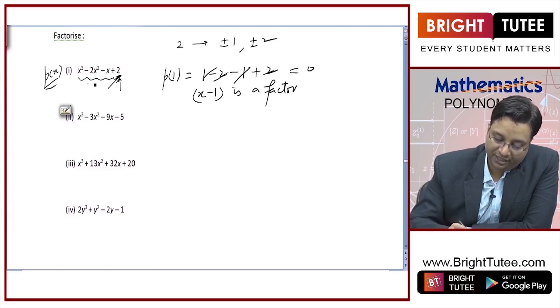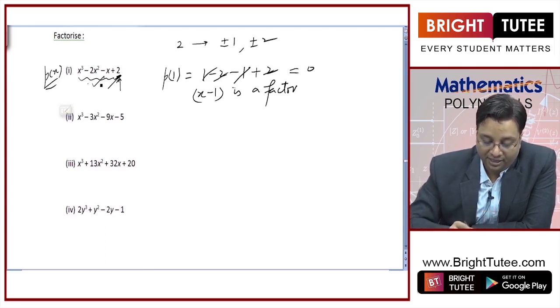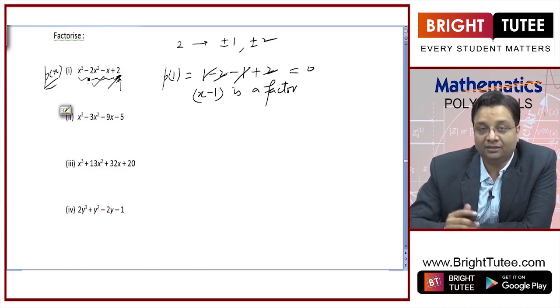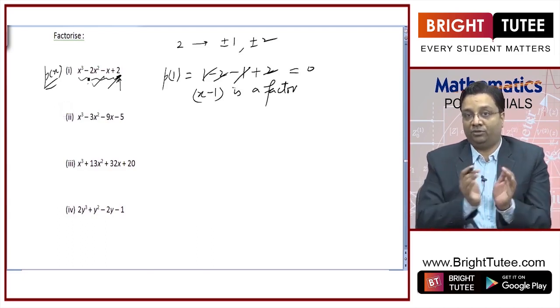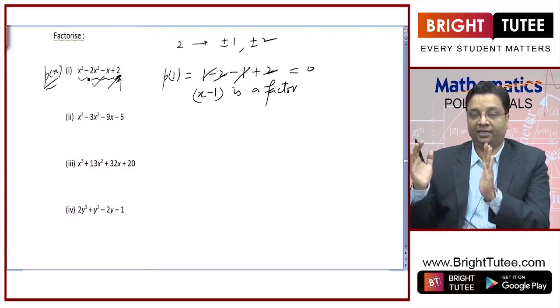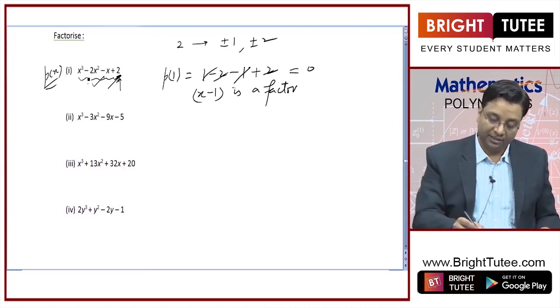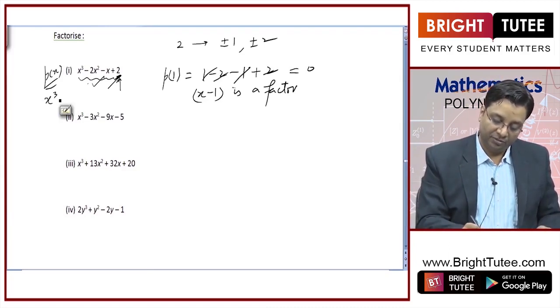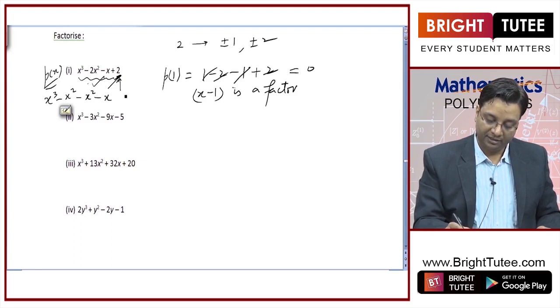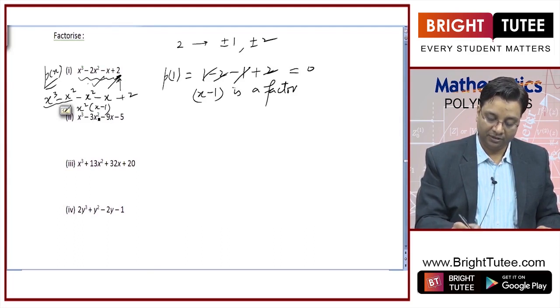Okay. Now if x minus 1 is a factor, I need to write this in such a form so that I can take out x minus 1 and I'll get a quadratic polynomial inside. So if I write it as x cube minus x square minus x square minus x plus 2, this will give me x square into x minus 1.